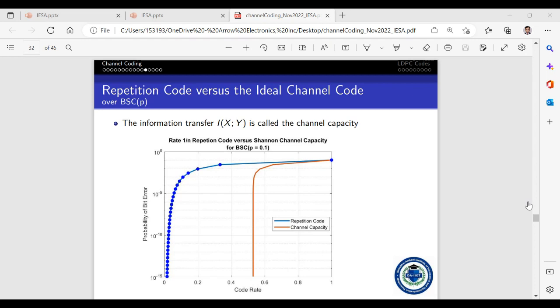If we are near the orange line today, does it mean that there will be no scope of further improvement? Okay, that is a very good question. When I say that we are close to the orange line, what I meant was that in certain instances, we come close to the orange line.